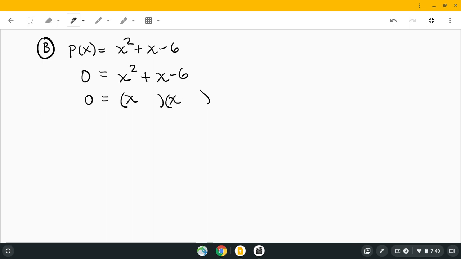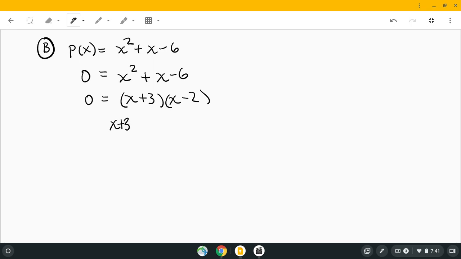So we're going to go ahead and try to factor this. X times x to make x squared. Positive and negative to make -6. You can try 1 and 6, or 3 and 2. Looks like it's 3 here and 2 here. That will give me +1 for the middle.